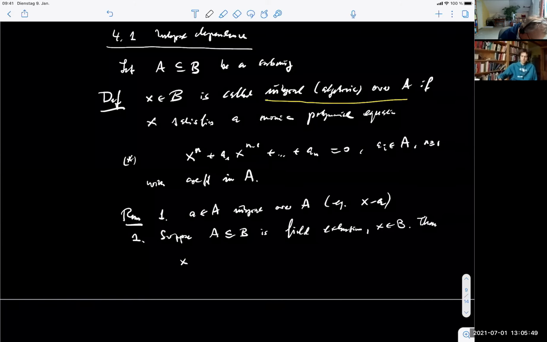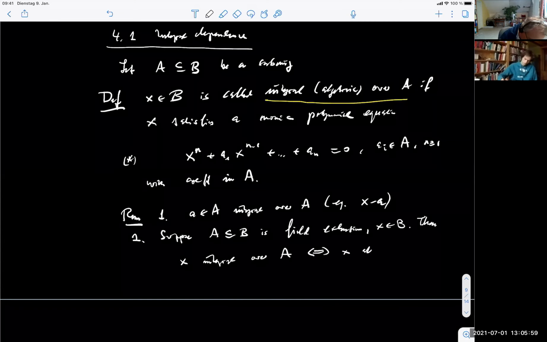So x is integral over A, where I drop the word algebraic because it's too long, if and only if x is algebraic over A. Maybe let me write why, because it's an important point. This direction is clear, and the other direction is to divide by the leading coefficient.